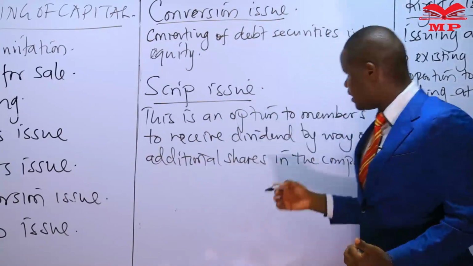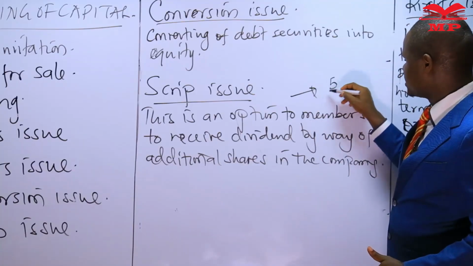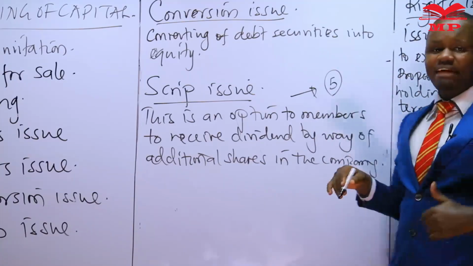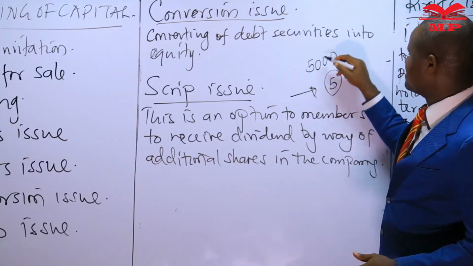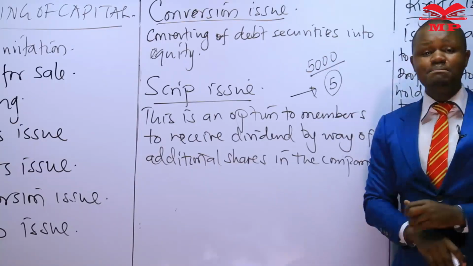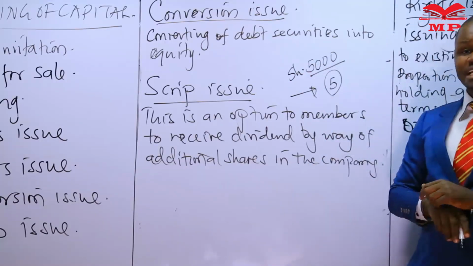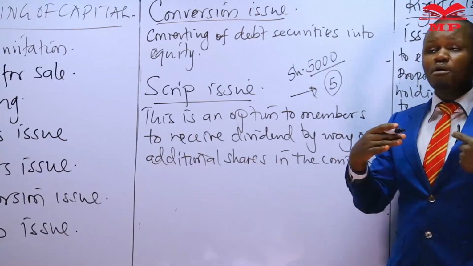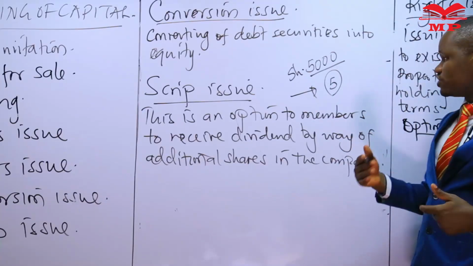So for mathematical representation, if we have shares valued at shillings 5, and the dividend payable to an individual member for mathematics purposes being 5,000, then we can be giving an option to this shareholder. Instead of receiving your 5,000 Kenya shillings in the form of cash dividend, we are giving you the option of taking up additional shares.